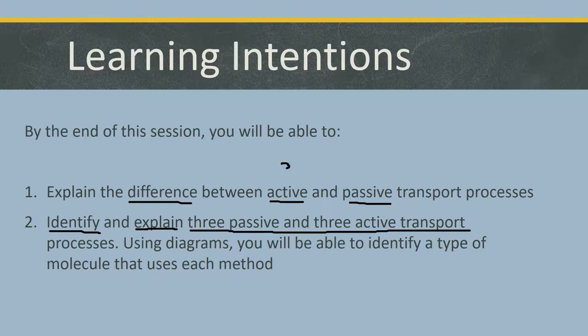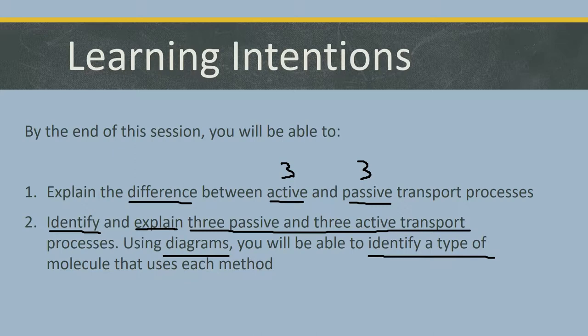In order for you to show that excellent understanding that I'm looking for in the test, you're going to be able to draw a diagram of each and also identify the type of molecule that uses each method.